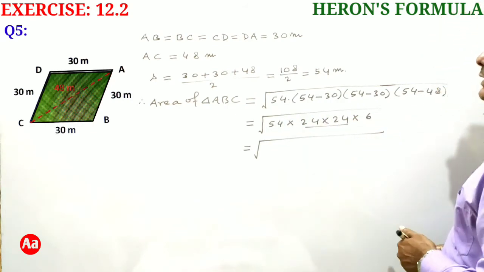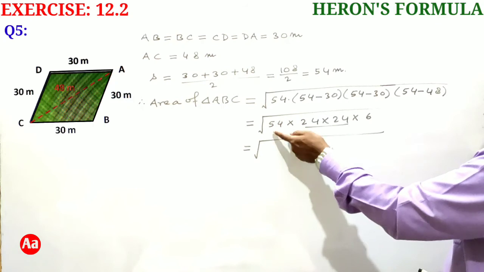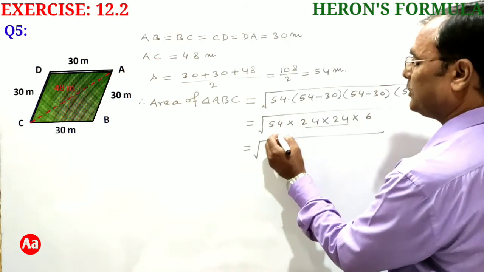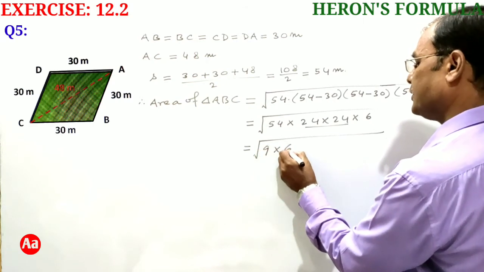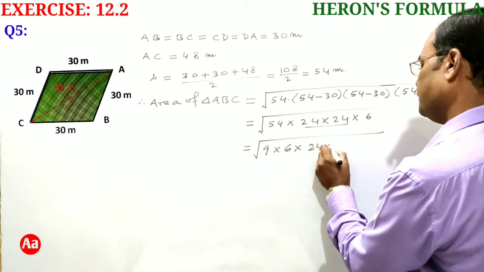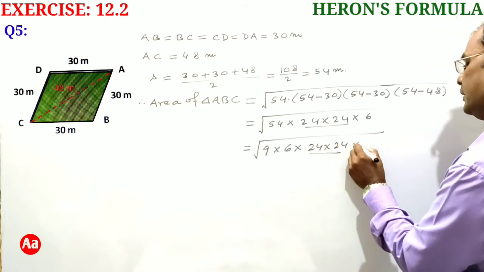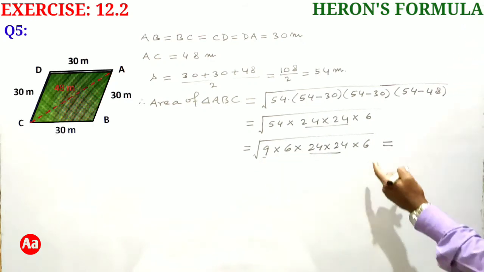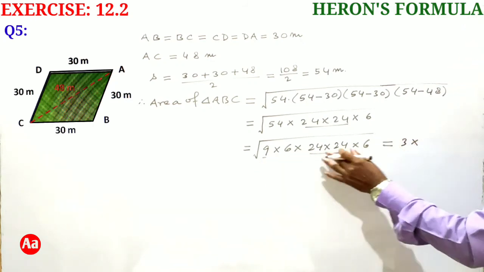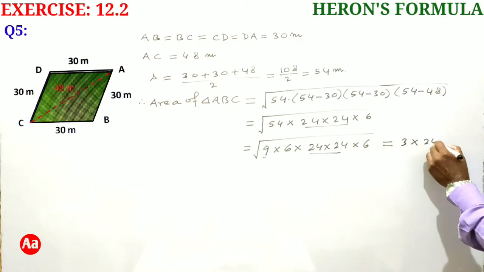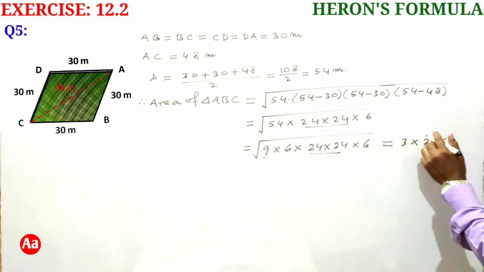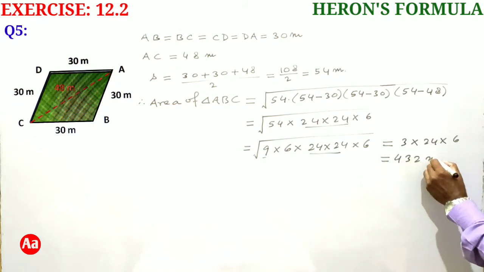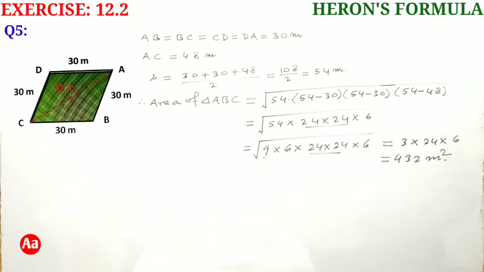54 we can write 9 into 6, 9 is a perfect square, 6 into 6 is another pair of perfect square number, easily we can find out the square root. So 9 into 6 into 24 into 24 into 6, this is equal to 9 square root 3 into 24 into 6 into 6 square root 6, and it is equal to 432 meter square.